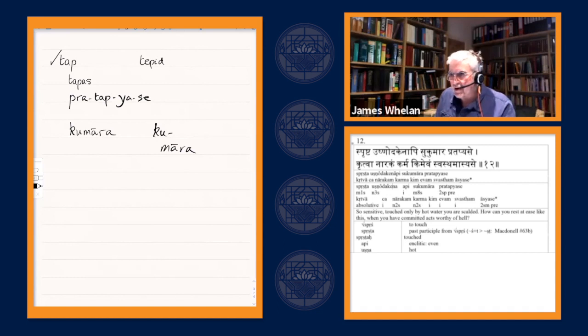So the Rajaputra, the king's son, will be the kumara. And the su, prefix meaning good, and so on. Sukumara, but here sarcastically, oh, you delicate little prince. You think you're rather grand, but you're just a pathetic little wimp, really. That's what Shantideva is saying here. Bodhidhamma's not like that at all. The sukumara pratapyase. So even if you're so much as splashed by a bit of hot water, you feel scalded, you little diddums.